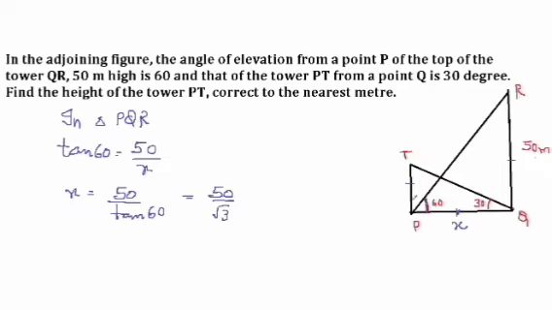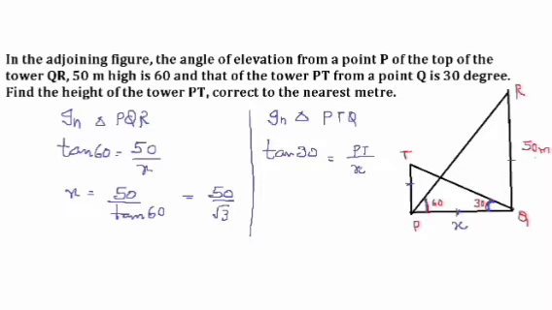Now we come to triangle PTQ. From here I can write tan 30. Tan 30 will be perpendicular upon adjacent, so the adjacent is x.